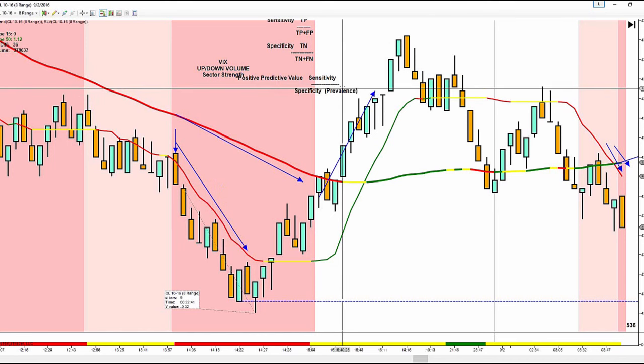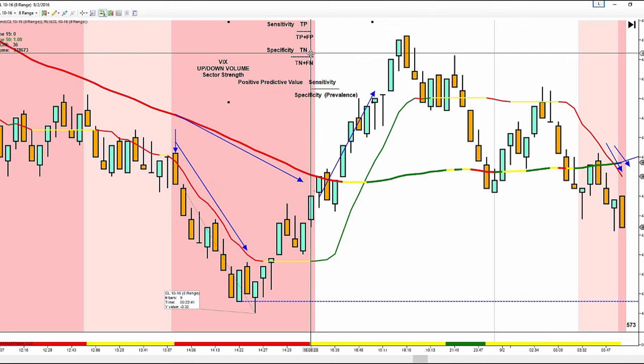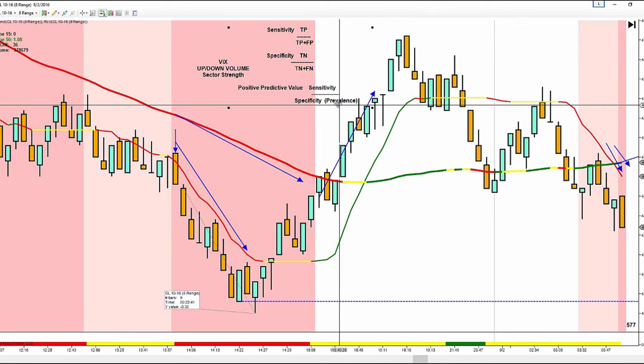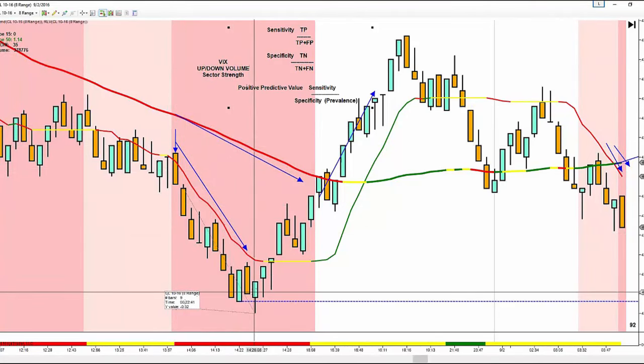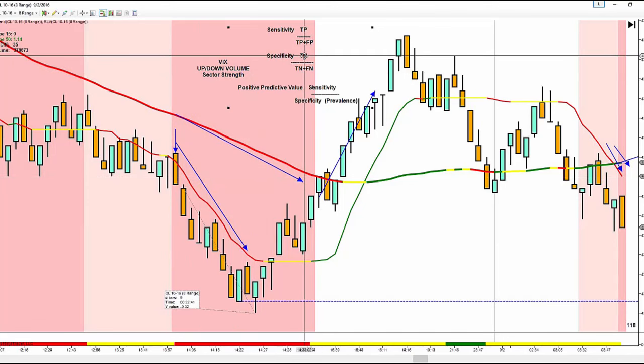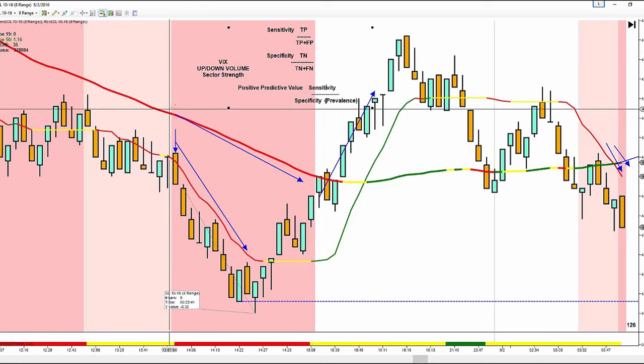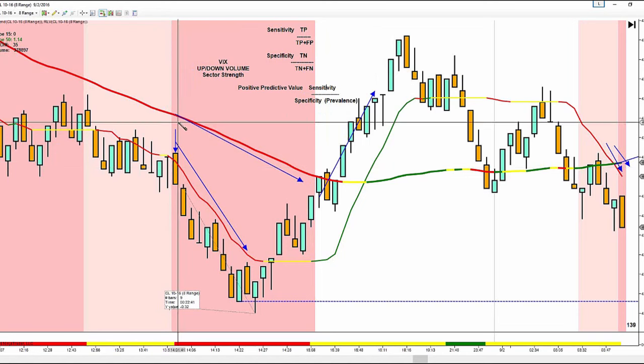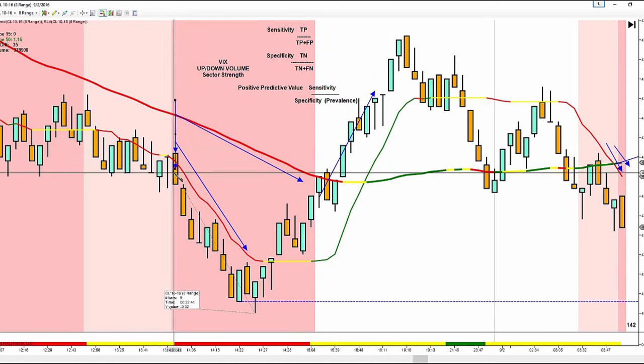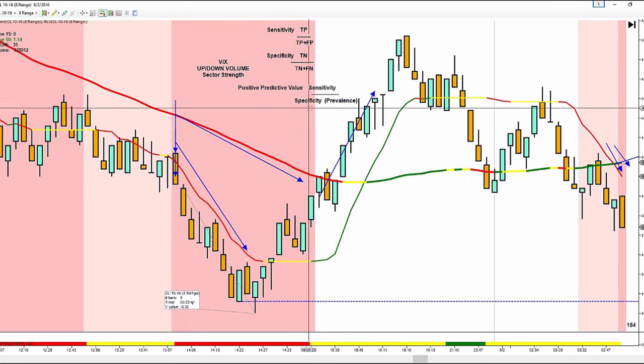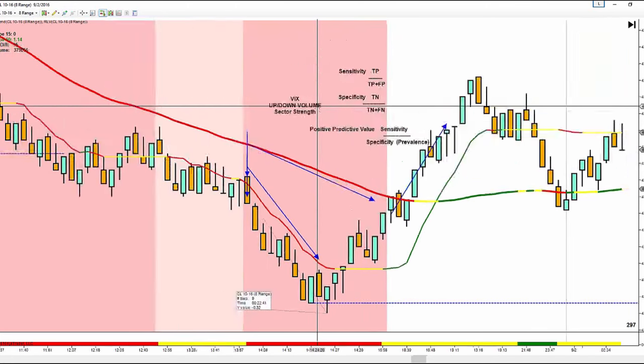So you can only trade in a defined trend where the prevalence of a winner is high, and you want to trade with a high degree of specificity. Make the market come to you. That's why this trade configuration is so powerful. You can take it on a discretionary basis, or you can let our automated system take it for you. Either one is going to work for you.